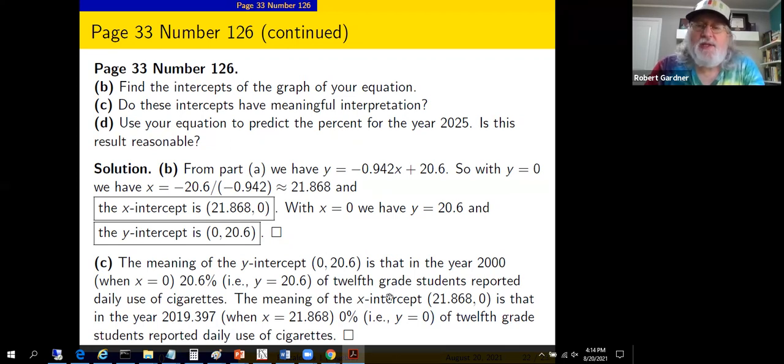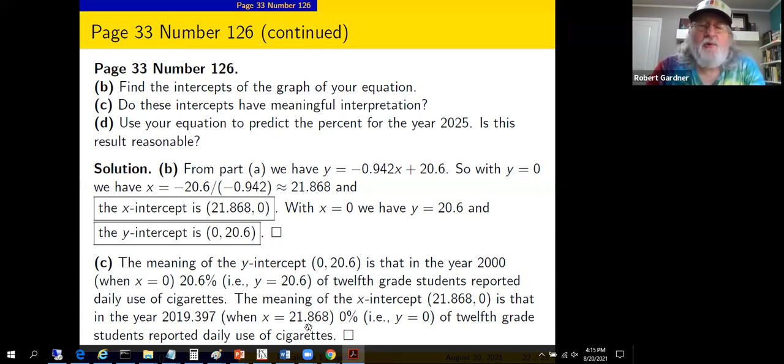The meaning of the x-intercept, 21.868, is that in the year... 21.868, so you've got a typo here, it should be 2021.868. I don't know where these numbers came from.